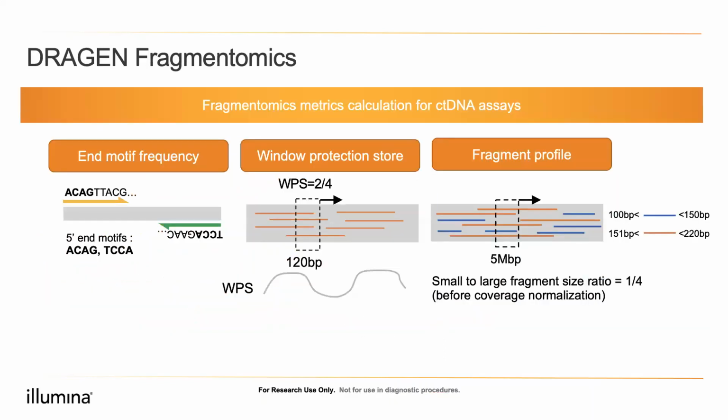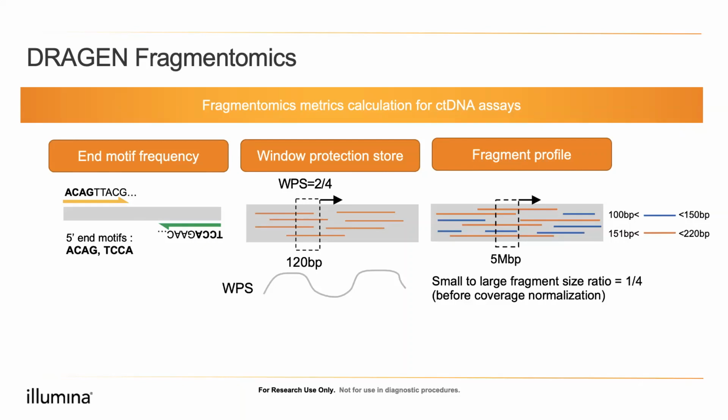And there have been 3 parameters published in the literature that can be measured to quantify these characteristics. So we've implemented those within DRAGEN, and I'll provide an overview of those different metrics. So first, we have the end motif frequency, which is calculated as the frequency of the K-mer motif at the 5' end of the fragments, where K can be specified by the user.